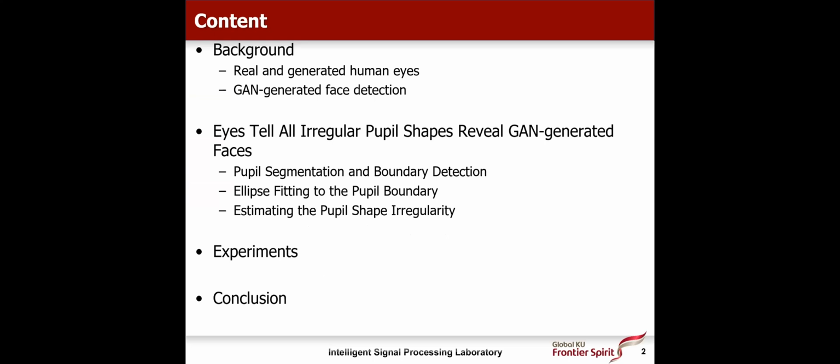The first one is the background. I will introduce some brief background about real and generated human eyes, and then GAN-generated face detection, and then the proposed method. And then we will move to the experiments. Finally, I will give you a brief conclusion about this proposed method.